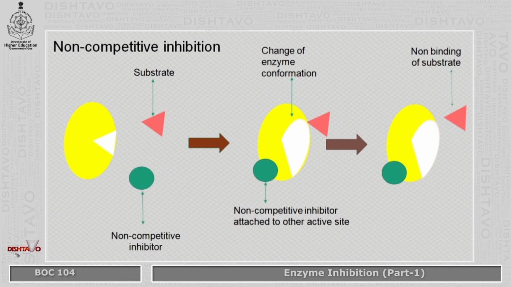The inhibitor will change the structure of the enzyme. It will bring about the conformational change. As a result, substrate cannot bind to the active site of the enzyme and as such, the substrate remains unused, the enzyme remains non-functional. And such a type of inhibition is called as non-competitive inhibition.